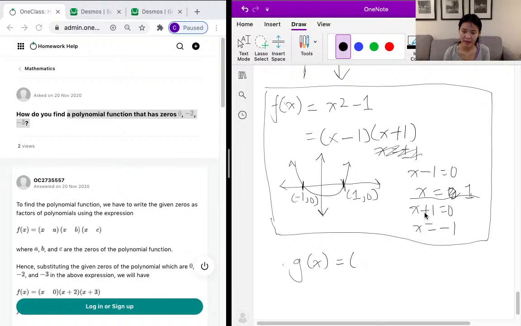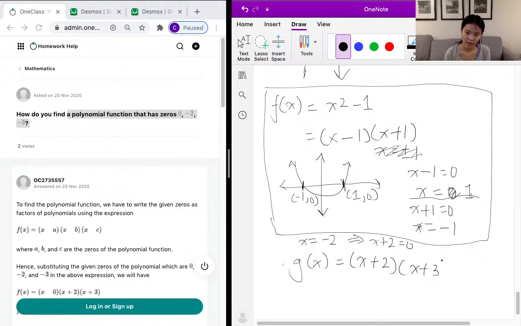When x is equal to -2, in order to find a zero, we need to add 2 on both sides, so we have x plus 2 equals 0. So we know one of the terms of our function is x plus 2. Similarly, when x equals -3, we just need to add 3 on both sides, so the other term is x plus 3.